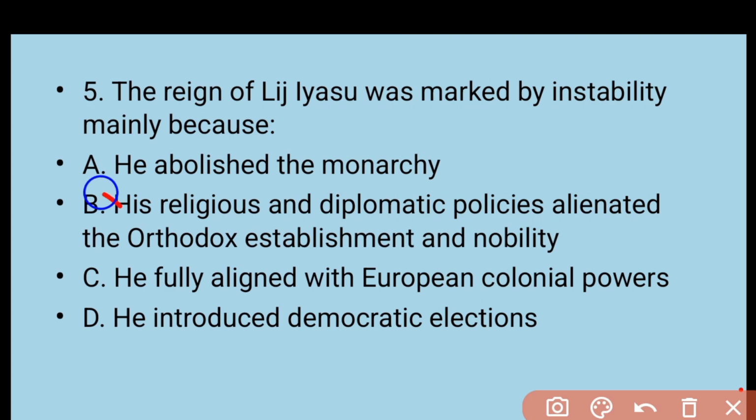The correct answer is B. His religious and diplomatic policy alienated the Orthodox establishment and nobility. Okay, he loses two strong powers of the monarchy, because the nobility rose against him, especially the Shawans and the Ethiopian Orthodox Church, because of his policy. He is pro-Muslim and pro-Germany and Turkey in his policy.